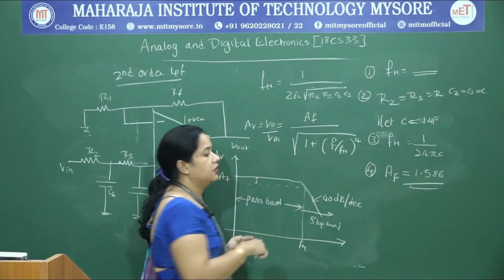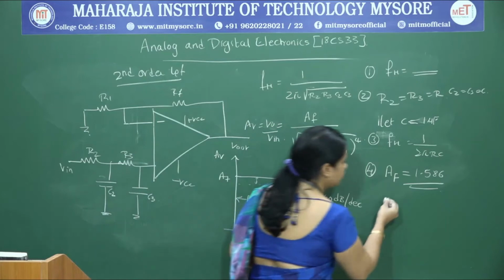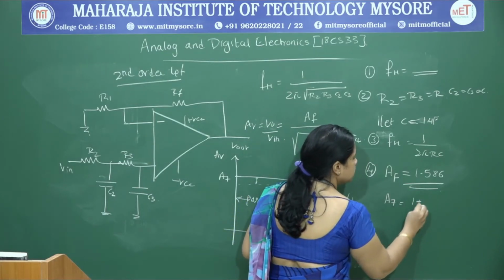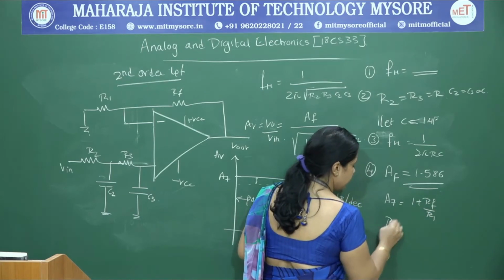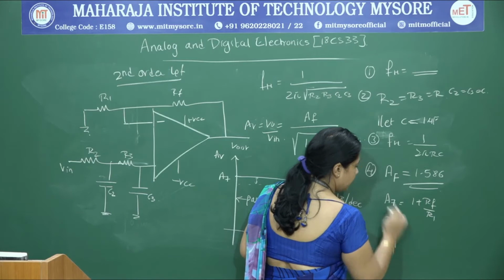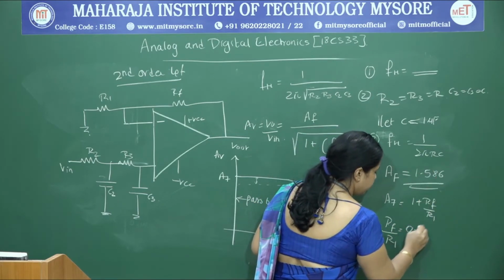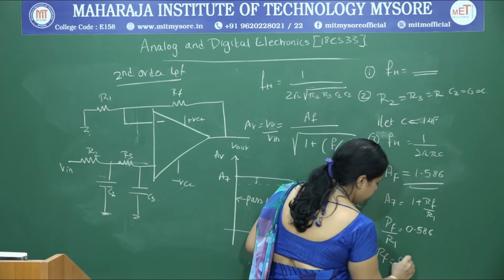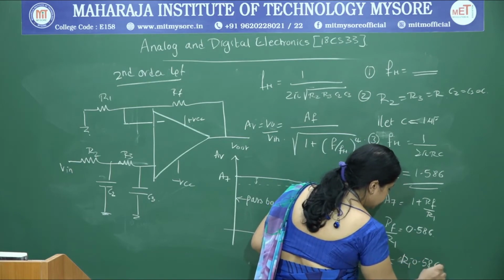Pass band gain is 1 plus RF by R1, so RF by R1 is 1.586 minus 1, which is 0.586. So RF is R1 into 0.586.